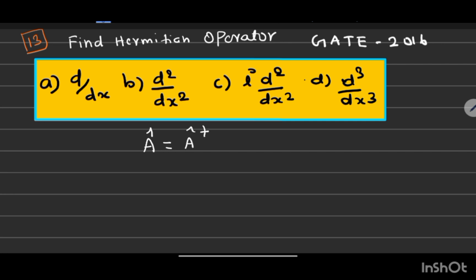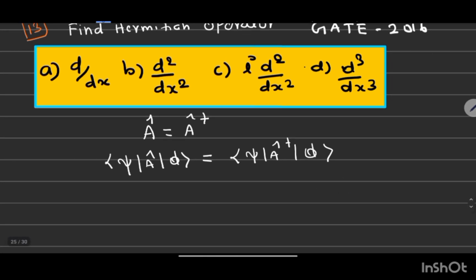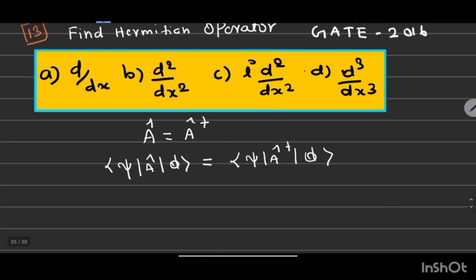For a continuous operator, with respect to state vectors psi and phi, if these two are equal, then this operator is a Hermitian operator. Such operators will have real eigenvalues when they act on the state vectors in the Hilbert space.